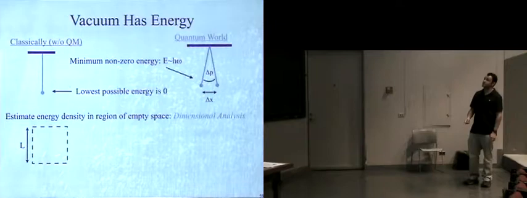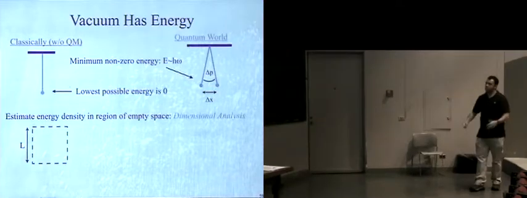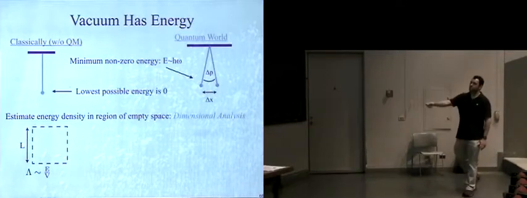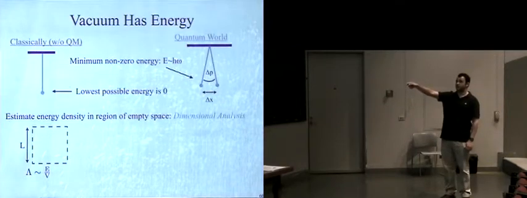We'll do this again with the simple dimensional analysis that we talked about. If we take a box of empty space that has some length L, we can try to get a rough feeling for how much energy density, or energy per unit volume, there should be in this box. This one's easy. The energy density is usually written as lambda, so that's what that means.